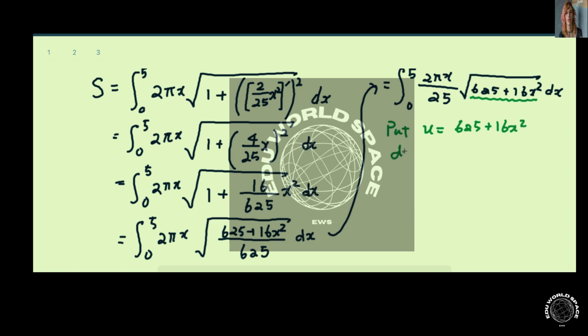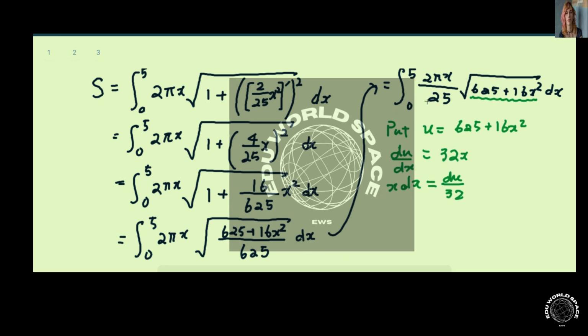Then I have du over dx equals 32x. I just took a derivative of this substitution. And then, by rearranging it, I get x dx equals du over 32. I just rearranged this by regular algebra, okay?